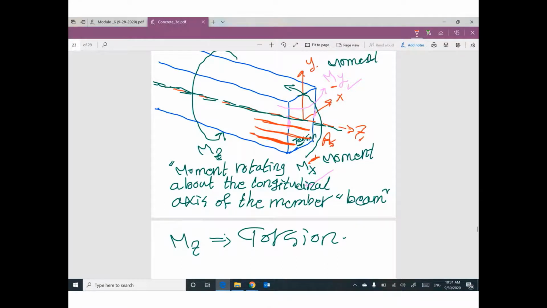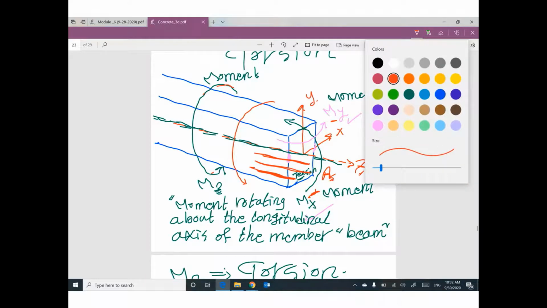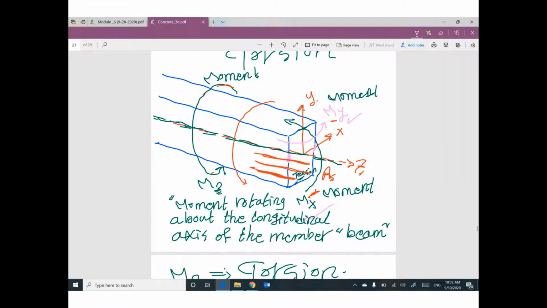But if you try to understand that this moment would like to rotate this beam, which reinforcement will support this action? Actually, it will be stirrups. These stirrups will support this action.